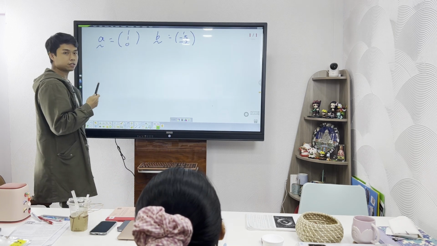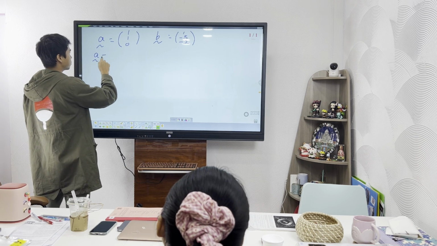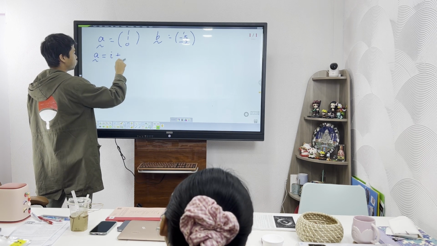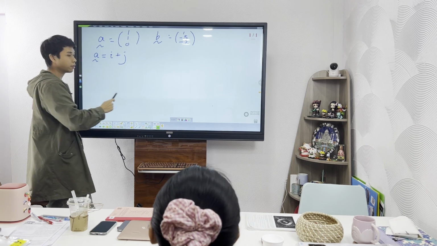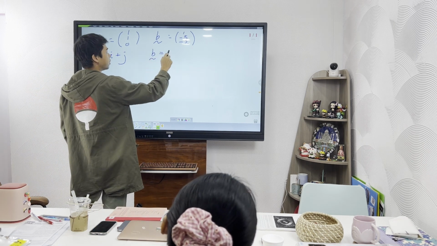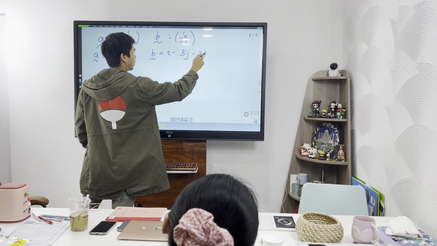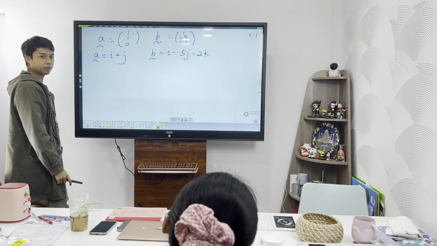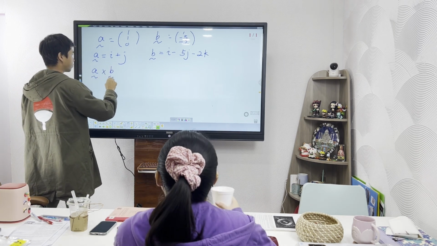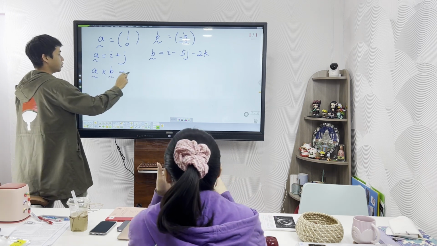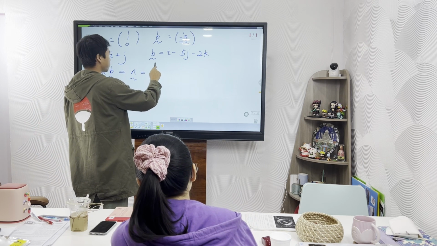If we write in vector form, A equals i plus j plus 0k, and B equals i minus 5j minus 2k. That gives us A cross B, which is what we need to find, which is n, equals to this one.